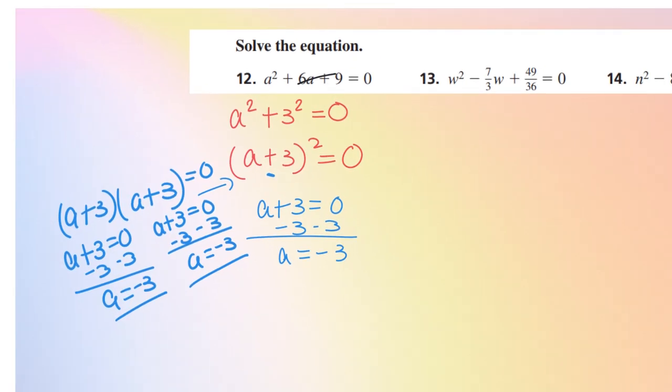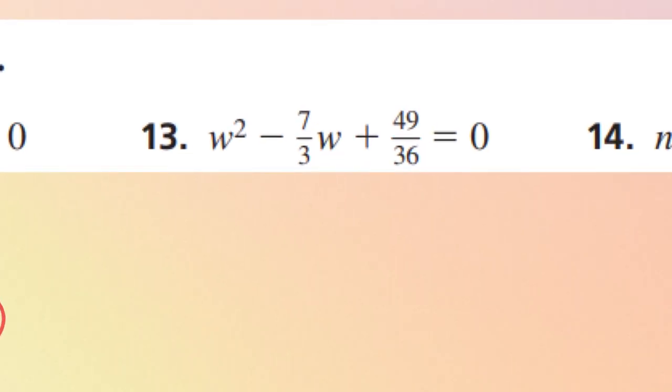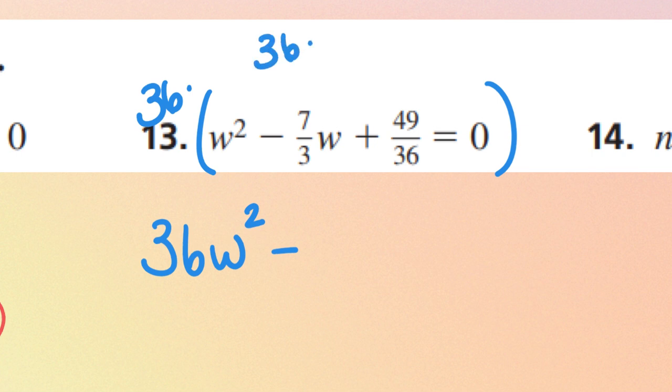Number 13, we have fractions again, correct? So I already know that I need to multiply everything by 36. I know that I can divide 36 by 3 and still have a whole number, correct? So 36 times w squared, I'm going to be left with 36w squared minus 36 times 7/3.